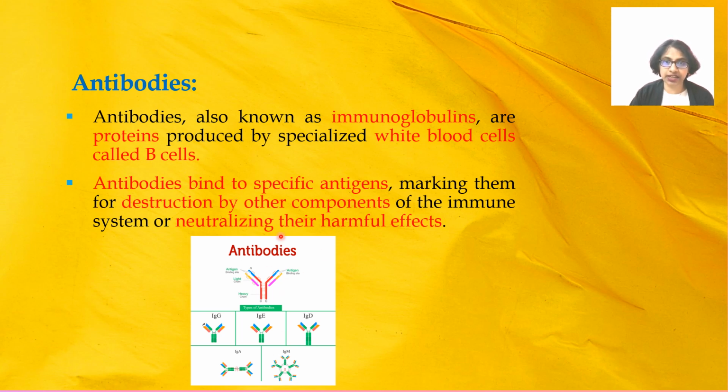Binding means attaching to the specific antigens, marking them for destruction by other components of the immune system or neutralizing their harmful effects. This is helpful for the destruction of the antigens and for maintaining our body homeostasis.